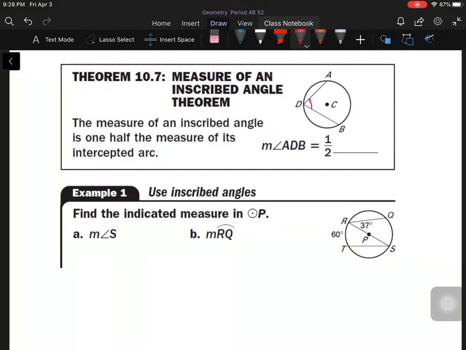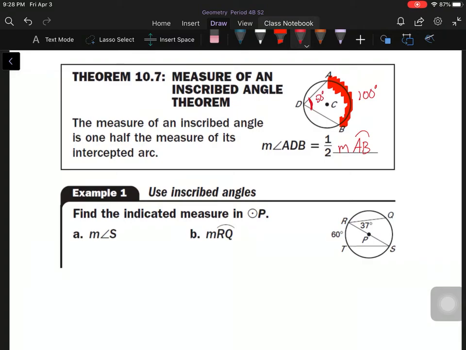So the angle measure that's located here is going to be half of the measure of the intercepted arc, excuse me. So this arc, whatever that measure is, the angle is going to be half of it. So if this is 100 degrees, then the angle is going to be 50 degrees.